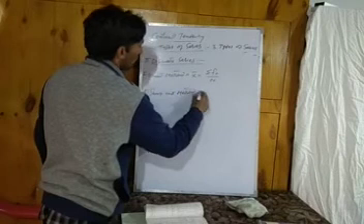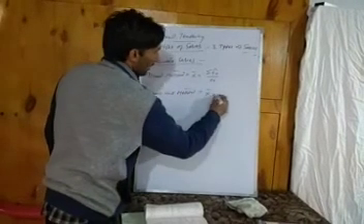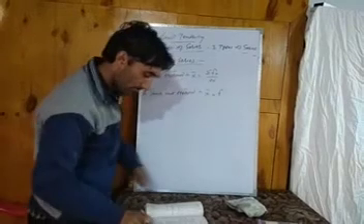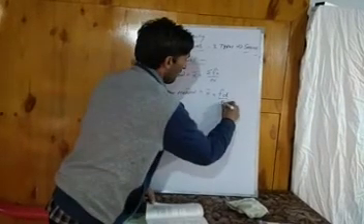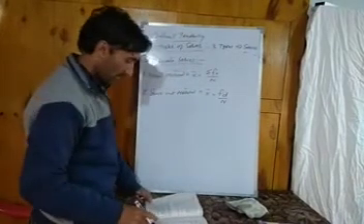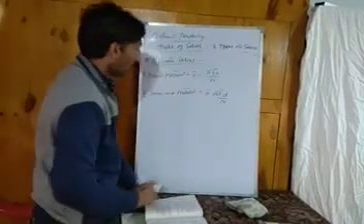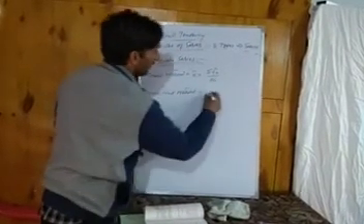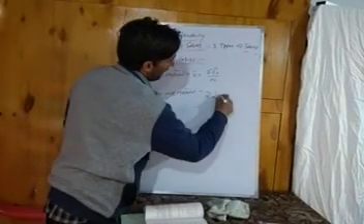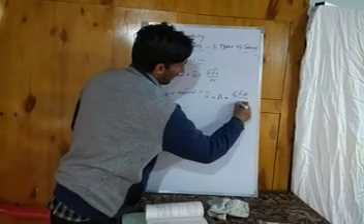The next method for calculating mean in discrete series is x bar is equal to a plus summation fd divided by n.